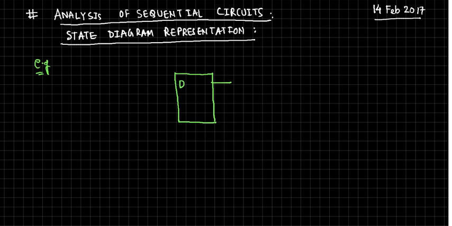If I draw a box and write a D there, and the output I write as Q, and here let it be a clock. What is this? So that edge matters. Can you be specific which kind of flip-flop it is? A positive edge flip-flop, isn't it? So consider this circuit.